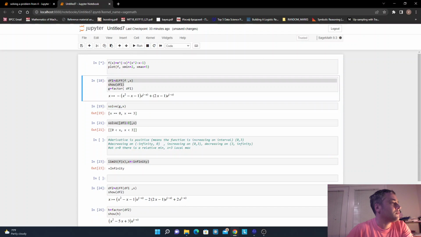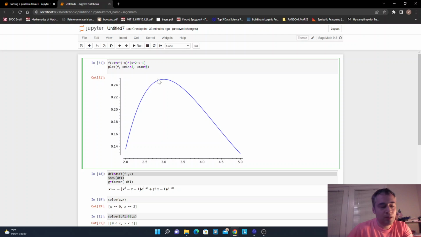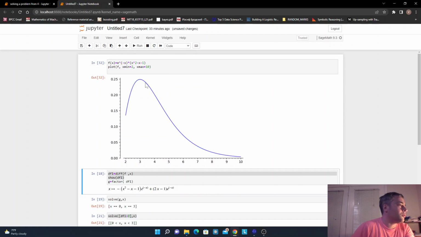So let's look here. Maybe now we will be able to see the other inflection point. How about I do 10? Here we go. So eventually it flexes. So there was one inflection point over there, and another should be somewhere around 6.